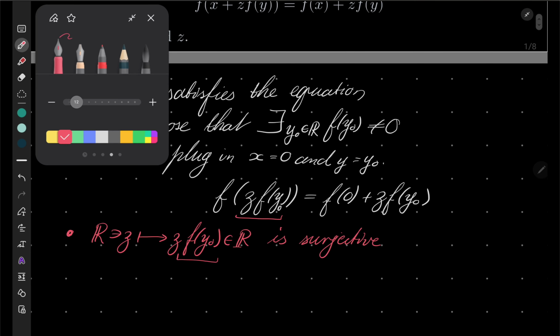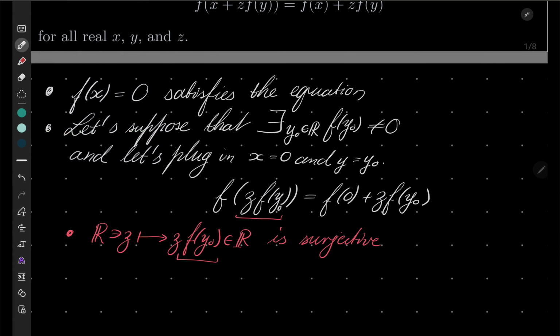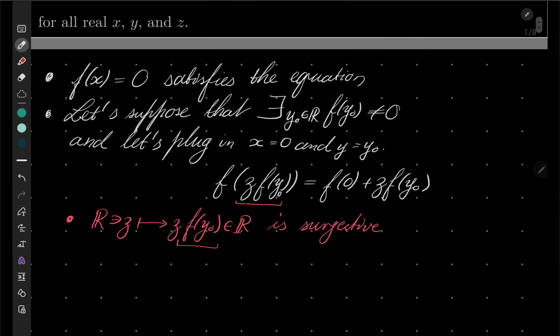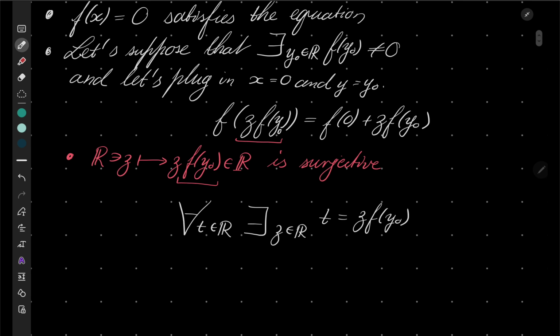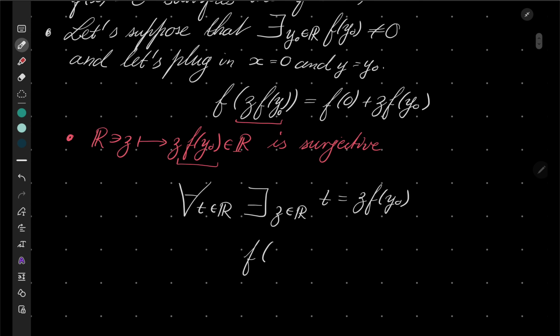So, since this function is surjective, for every real number t there is a real number z such that t equals z f(y0), and our functional equation has the following form: f(t) equals f(0) plus t.